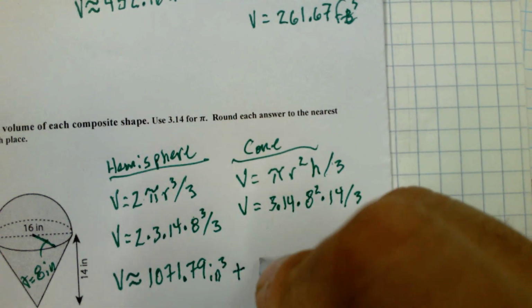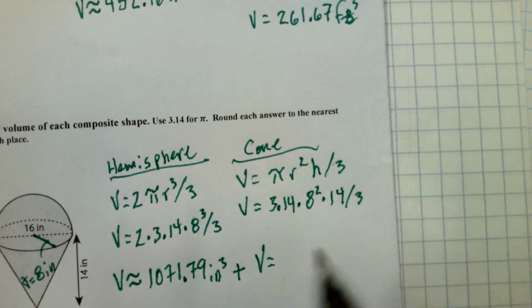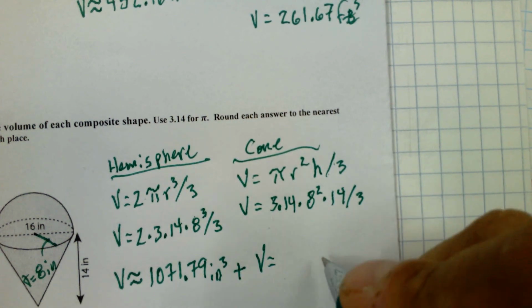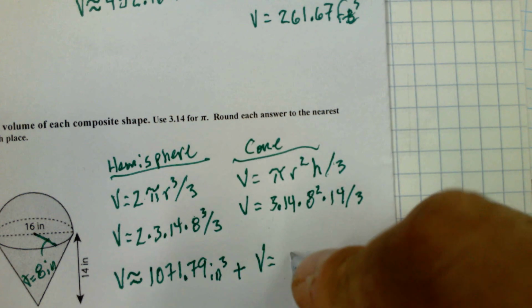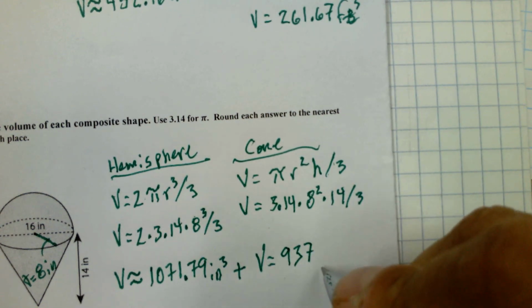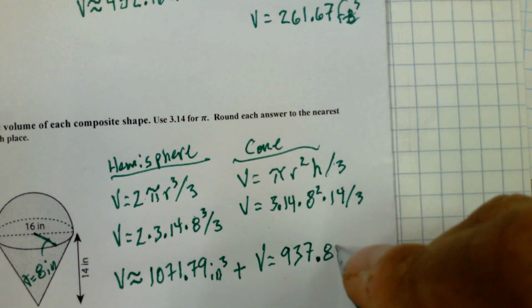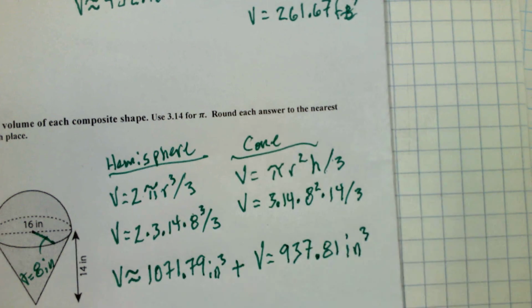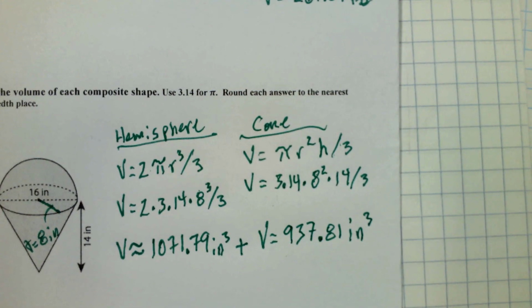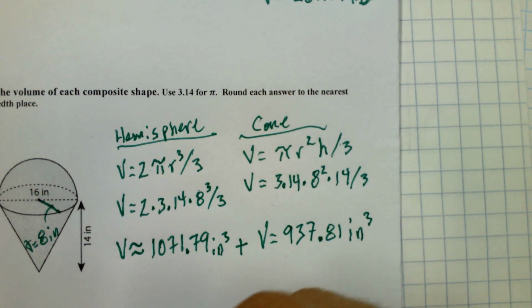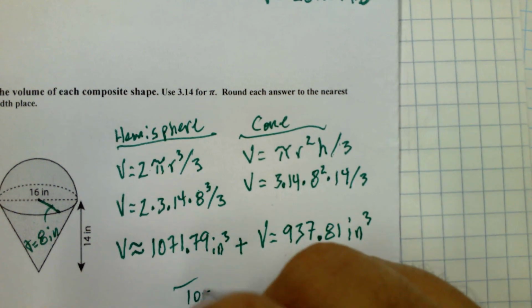We're going to add these. What does that give us? There we go. So now let's add these two, and we'll get the total volume.